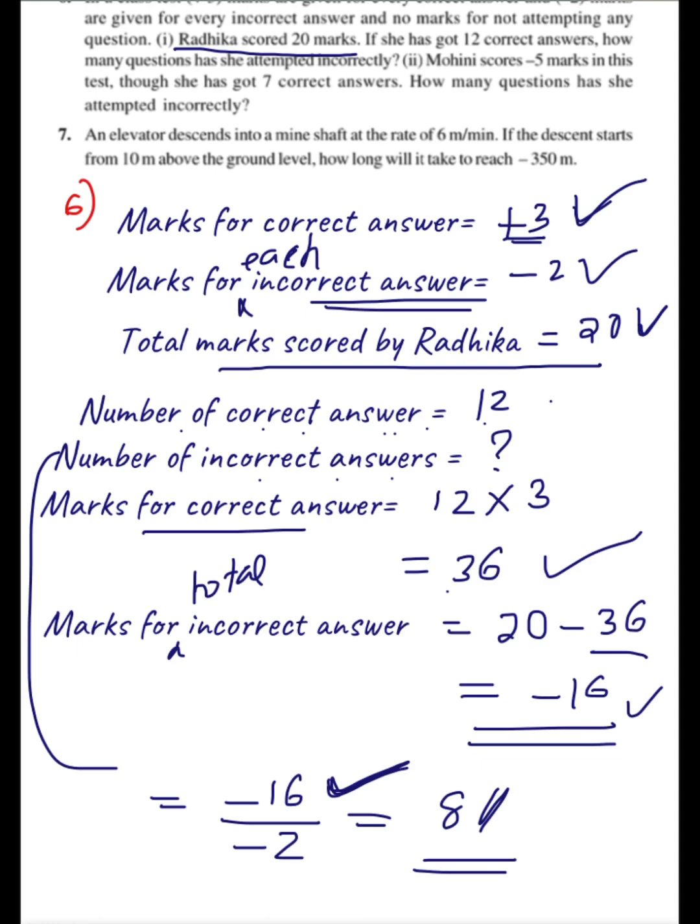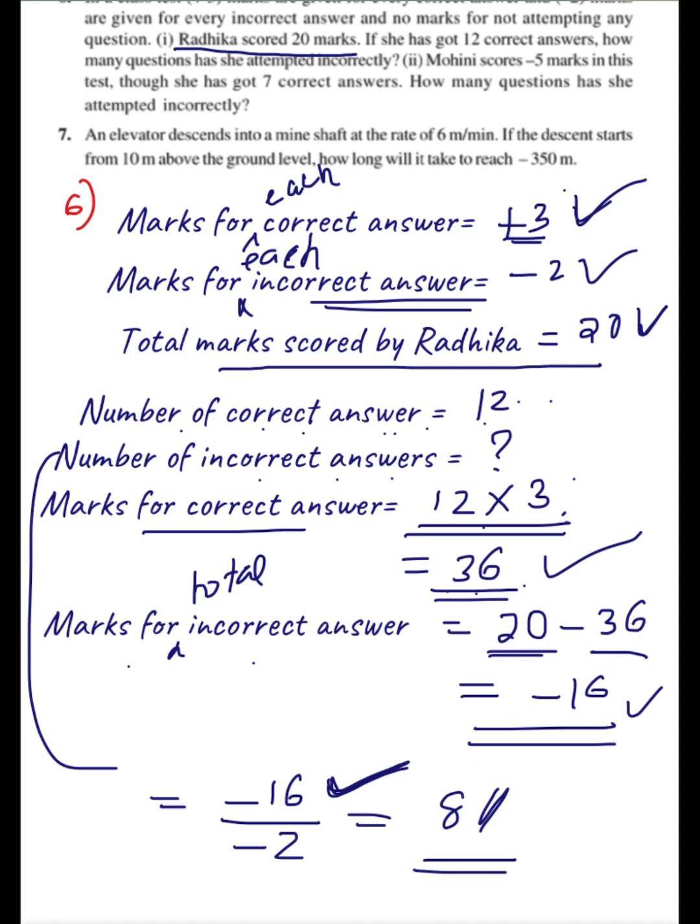Understand? The marks for each correct answer is 3, and the marks for each incorrect answer is minus 2. The total marks scored by Radhika is 20, and the number of correct answers is 12, so the marks for correct answers can be found easily: 12 into 3. Now how will you find the marks for total incorrect answers?